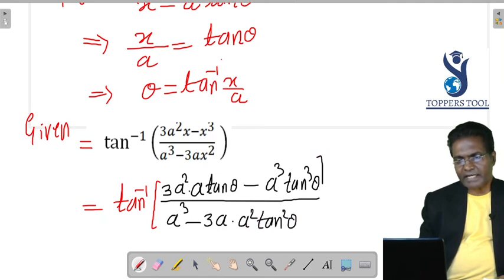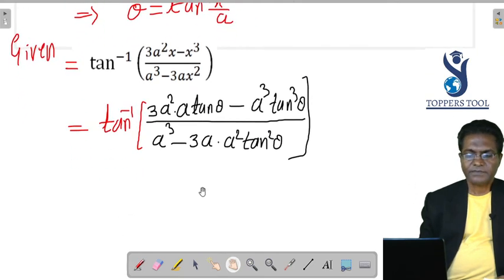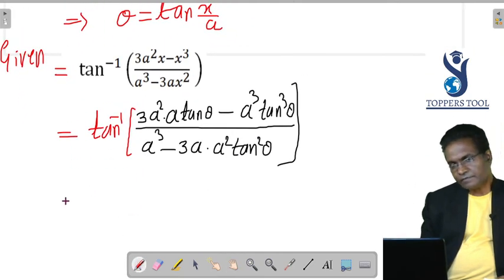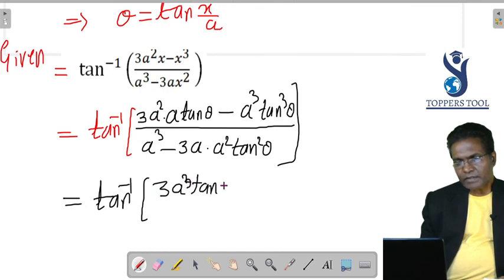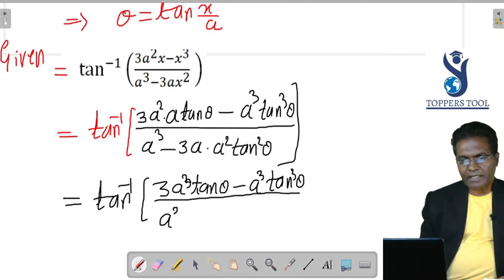Okay, because x is a tan theta. This much you have to substitute. This is tan inverse of. Now look what you will get. You will get 3a cube tan theta minus a cube tan cube theta in the numerator, divided by a cube minus 3a cube tan square theta.